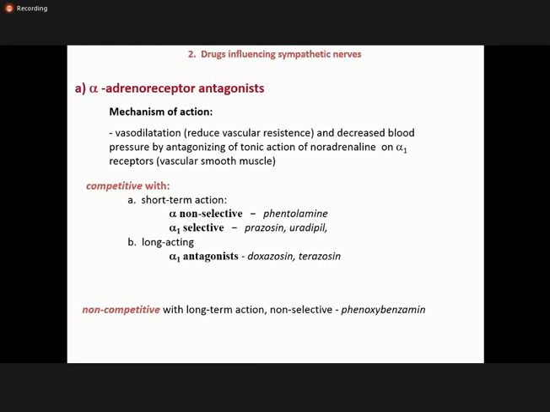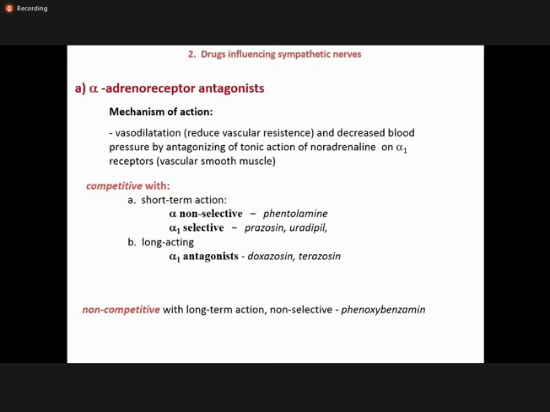Even if we increase the dose of the agonist, it cannot displace that antagonist from its binding site. That is why it is called non-competitive. The non-competitive one is long-term action, non-selective: phenoxybenzamine. And phenoxybenzamine is not usually used to treat hypertension, except in one condition. This is important.